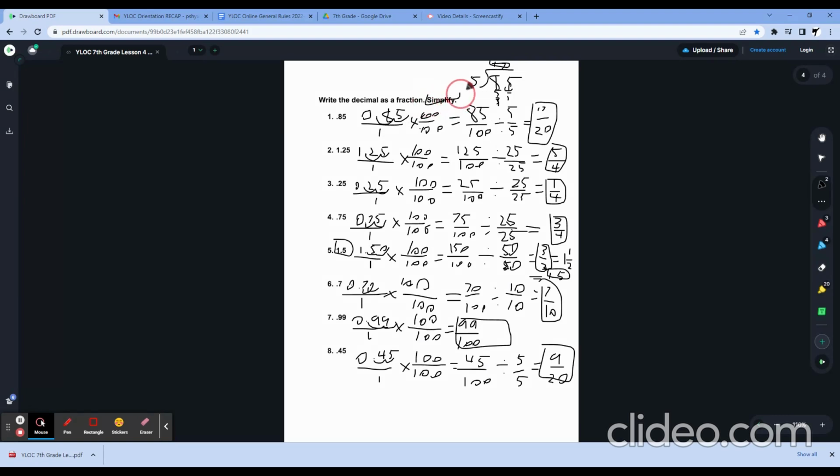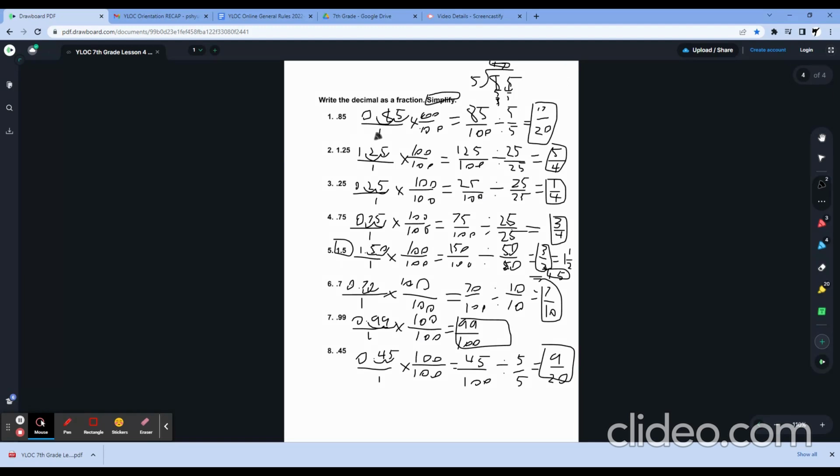But remember, we need to simplify the fraction, and this is not simplified because we can take 5 out of both 85 and 100. So when simplifying, you want to factor out the greatest common factor, and in this case, it would be 5. So 85 divided by 5 will equal 17, and 100 divided by 5 will equal 20. So this fraction cannot be simplified any further, so this is as simplified as it gets.